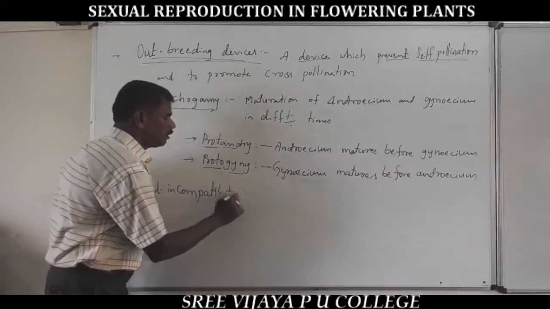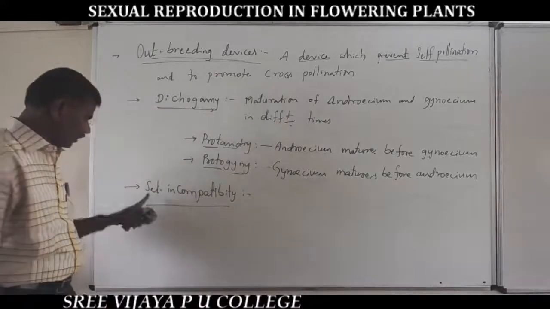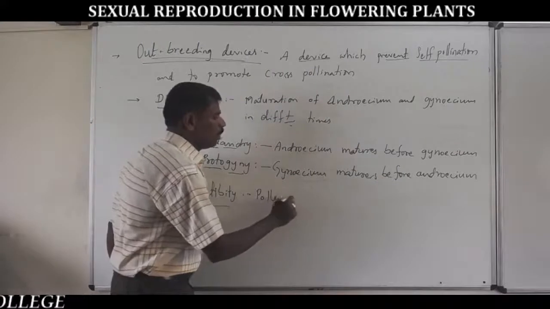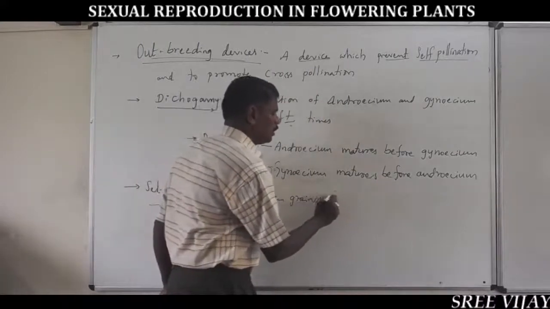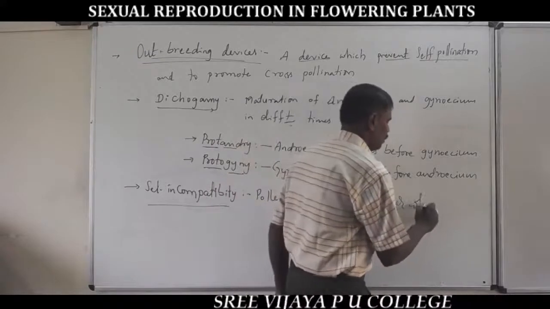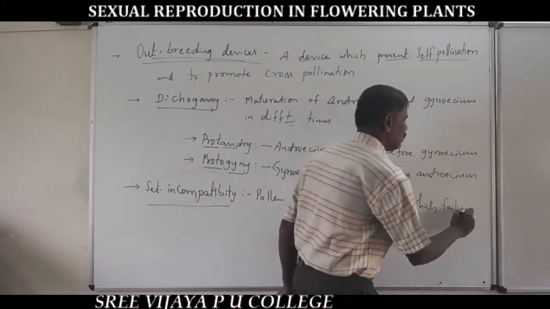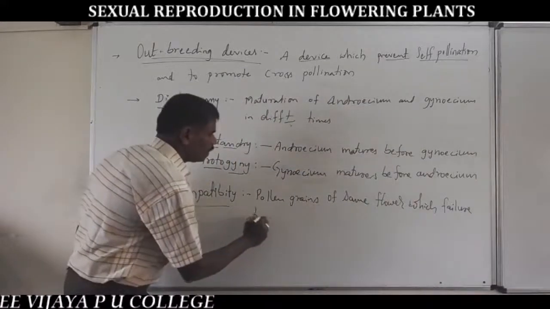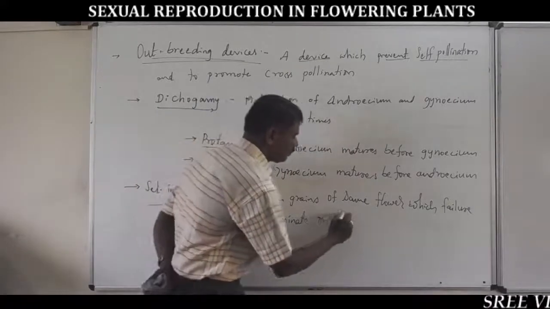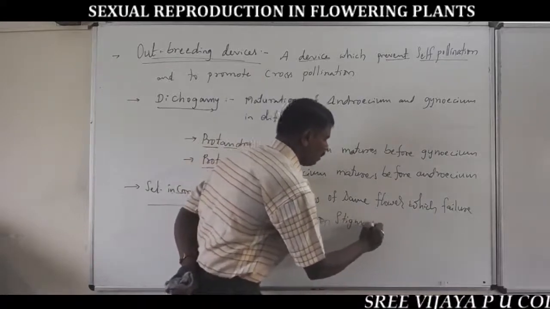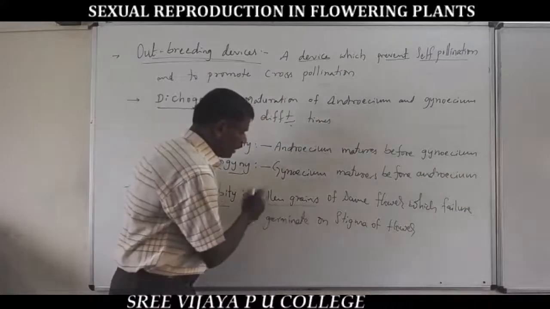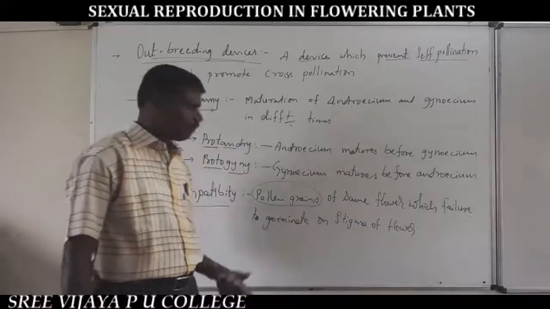Self-incompatibility is when pollen grains of the same flower fail to germinate on the stigma of that flower.